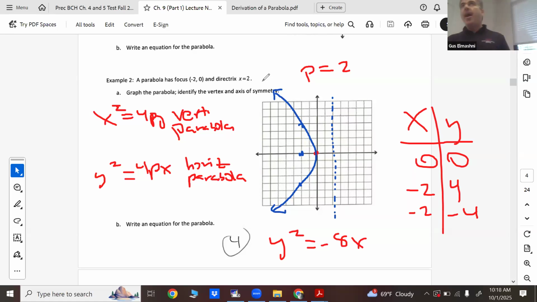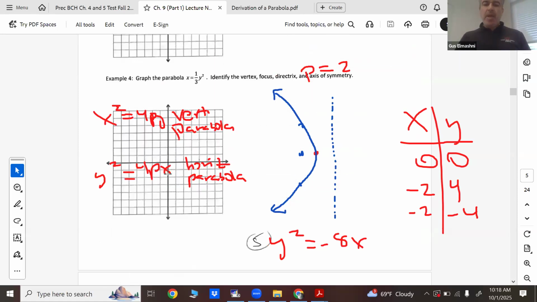The cone gives a solid geometry, 3D perspective. This is the coordinate geometry perspective, and that's the approach I'm taking with all the problems you're doing. You don't do anything algebraic with the solid geometry. It's just to understand why it's called conic sections, because it comes from a cone.